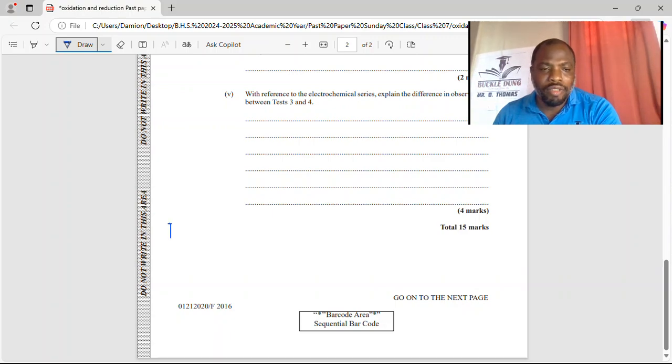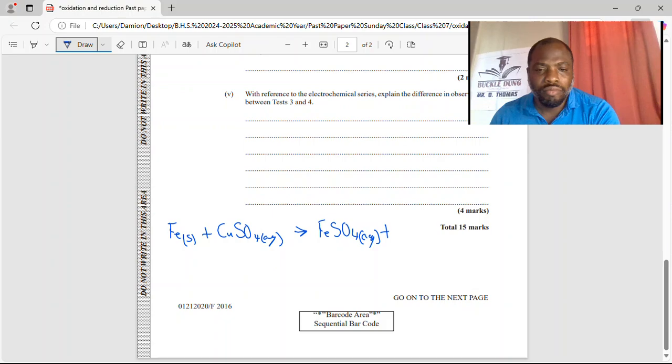We know the iron, which is a solid, plus the copper sulfate, which is aqueous, is going to give us iron sulfate, aqueous, and copper, solid. We have to ensure that the equation is balanced.